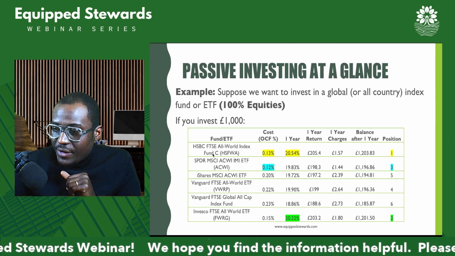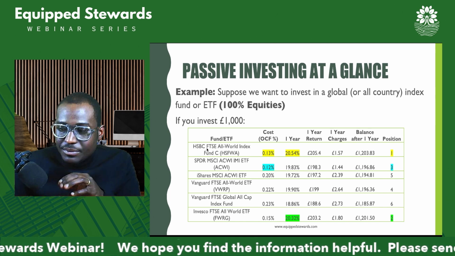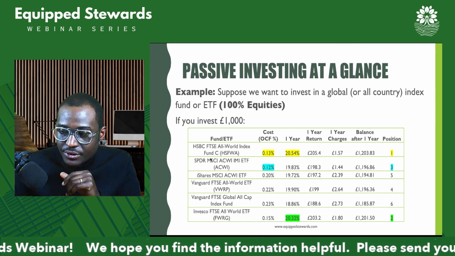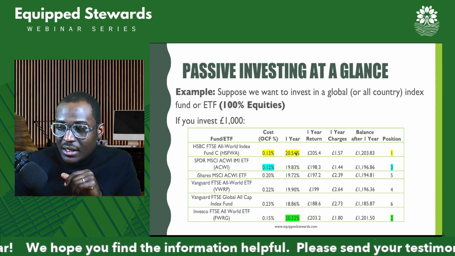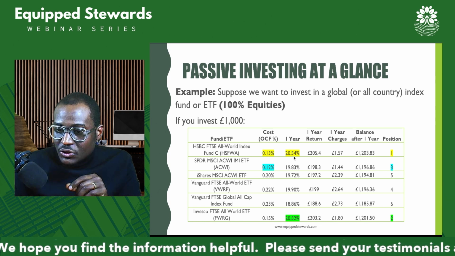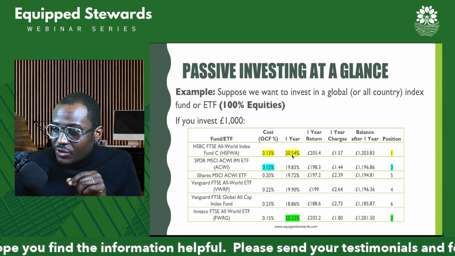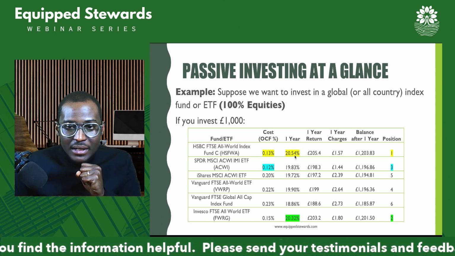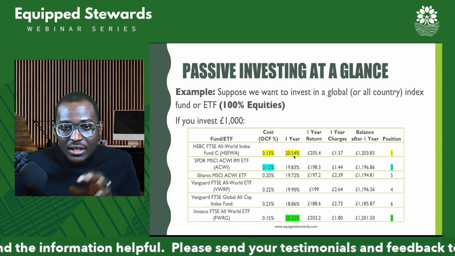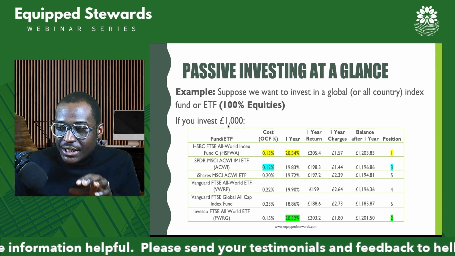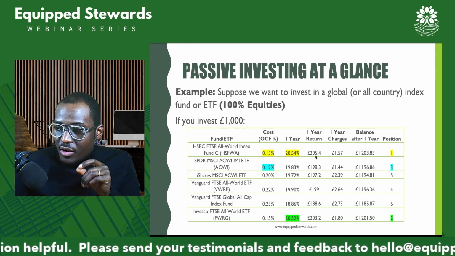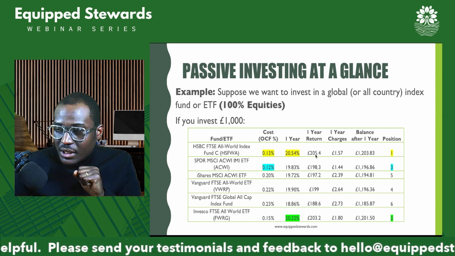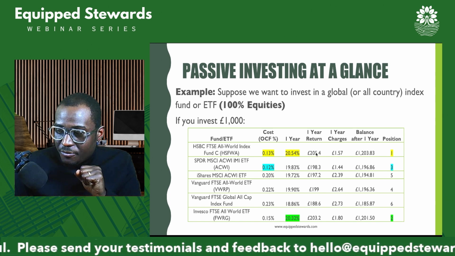For example, the first fund, the HSBC FTSE All World Index Fund, has ongoing charges of 0.13%. In the last 1 year, it has gone up by 20.54%. Now, if you invest £1,000 in this fund, it means that you will get a return of £205.4.